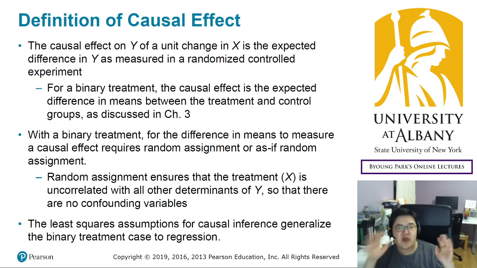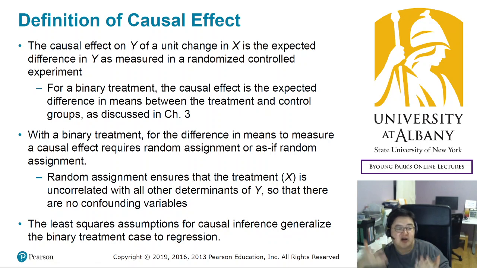If you could randomly assign those variables, then it's sure that you are going to get the cause and effect relationship. However, in our setup, we do not have those experiments. That's not possible and maybe too expensive.